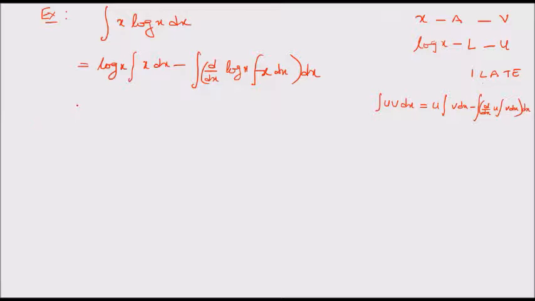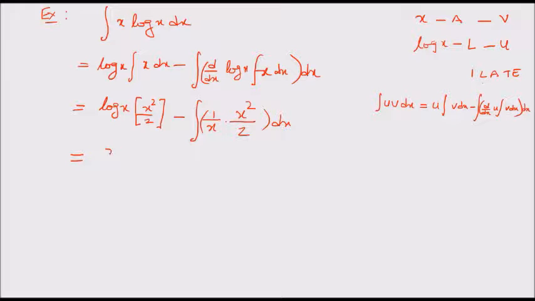Now open this. When I open this, log x, integration of x is x square by 2, minus integration of d by dx of log x is 1 by x into integration of x is x square by 2, and the dx is whole, so dx.